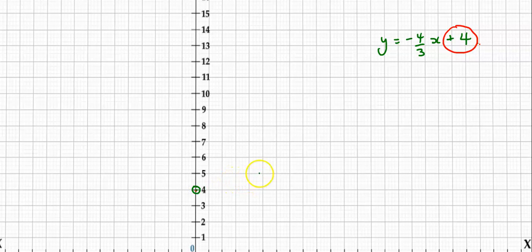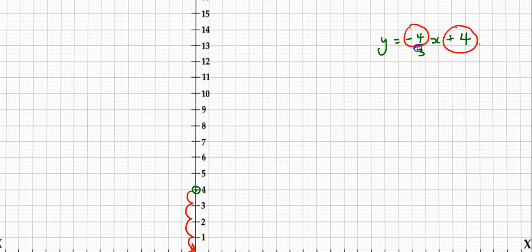Then we look at the gradient, minus 4 over 3, and the numerator here is negative 4. So this tells us, starting from our y-intercept 4, we're going to move 4 units downwards. 1, 2, 3, 4 units downwards.